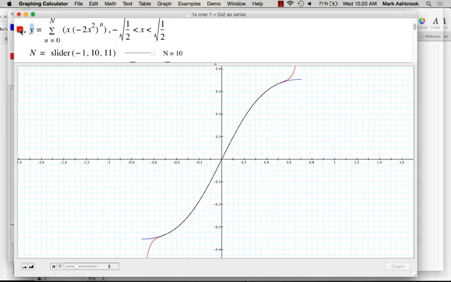Okay. I saw you guys talking. Was everything good? Okay. So the original function, and this is the 11th partial sum, is approximating that function very, very well for the 90% in the middle.